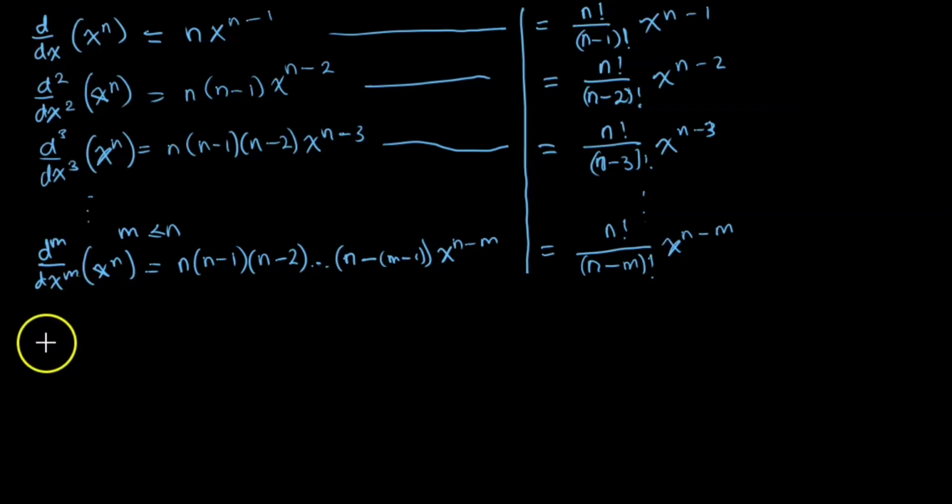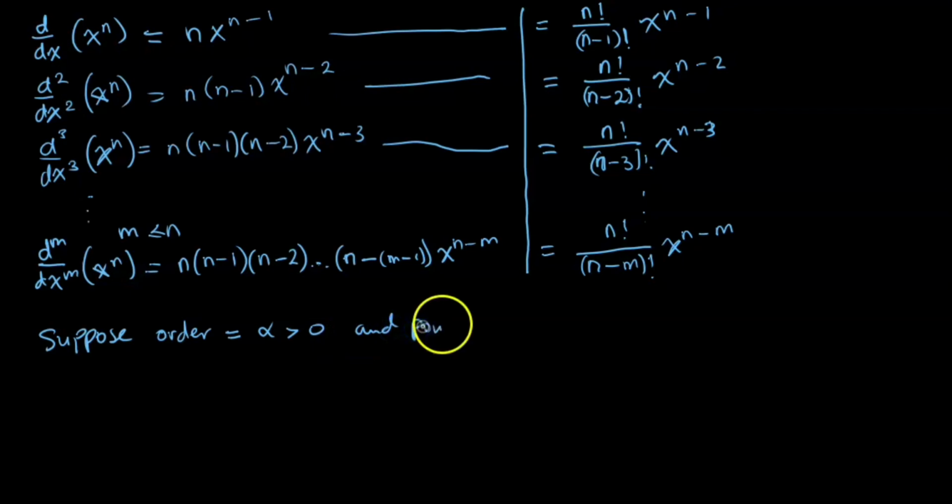Okay, so suppose the order of integration or differentiation is some positive real number alpha, and the power of the power function is some lambda, where lambda is some real number.